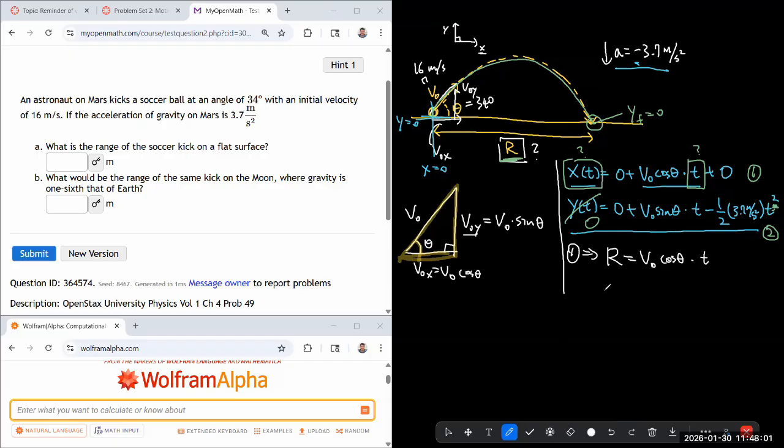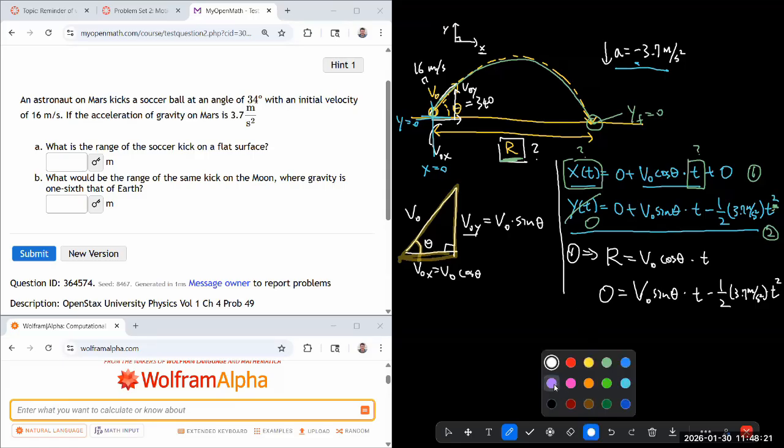Let me look at the second equation. 0 is equal to v0 sine theta times t minus 1/2, that number 3.7 meters per second squared, times t squared. And this is where, if you have this realization, that really helps.